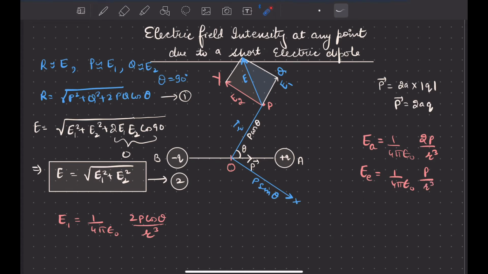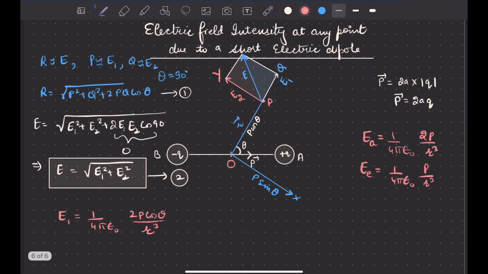Now since E1 is because of the component P cos theta, that is why for E1 I have put 2p cos theta instead of writing only p, and E2 is lying on the equatorial line. E2 is because of the component P sin theta. Therefore the expression for E2 will be E2 is equal to 1 upon 4 pi epsilon naught p sin theta upon r cube. So these are our equation numbers 3 and 4.